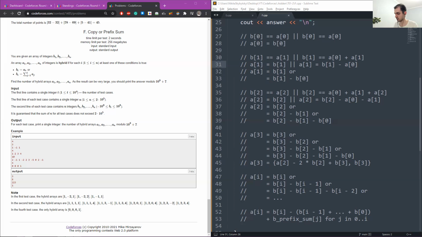Given that A2 is equal to B2 minus A1 minus A0, but A1 and A0 can be different numbers. So here you get an option of B2 minus B1 minus B0.